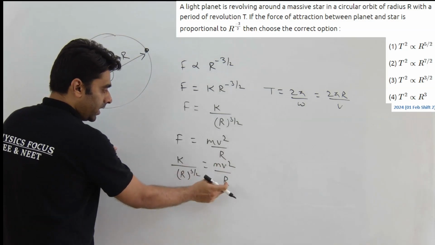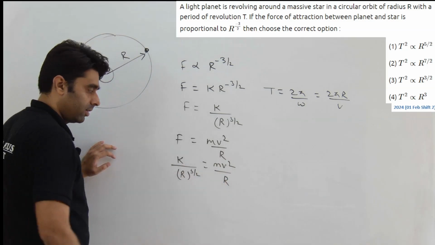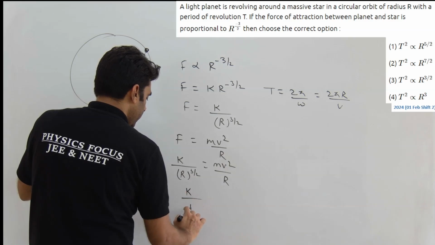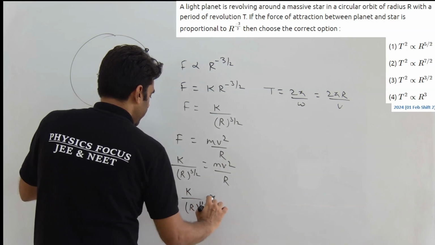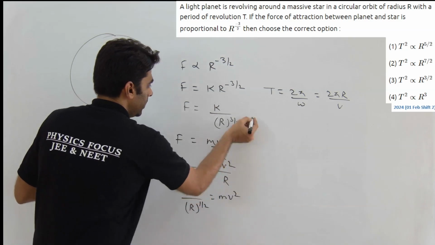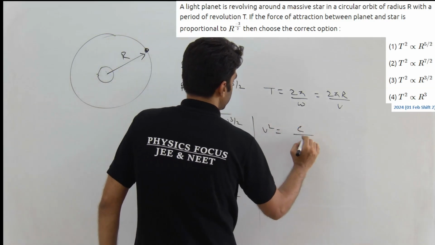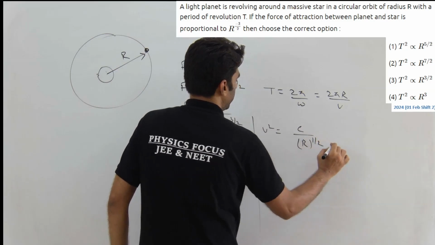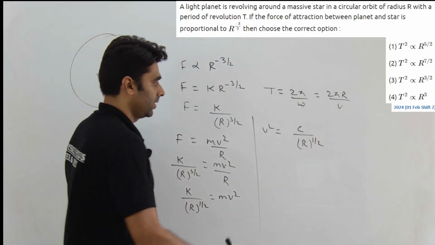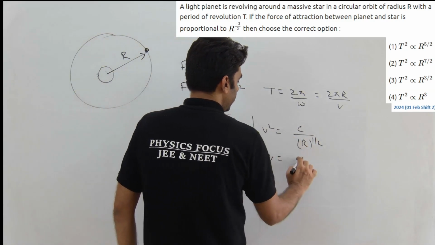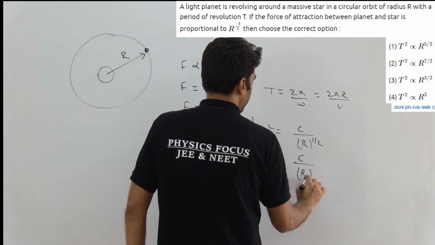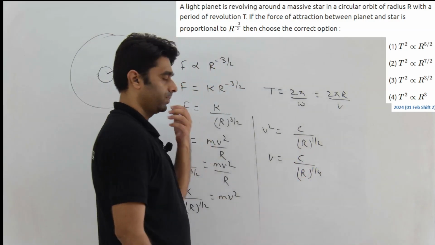M is constant over here, r power 3 by 2, r. Ultimately what will we be getting? K by r power 1 by 2 is equal to mv square. This we can write as v square is equal to c by r power 1 by 2. If we take square root over here, v will be c by r power 1 by 4, right?